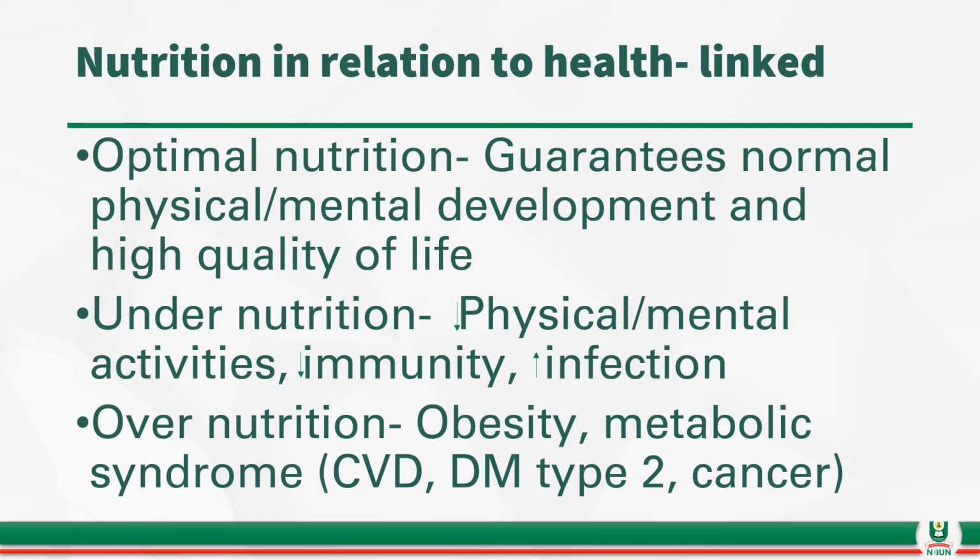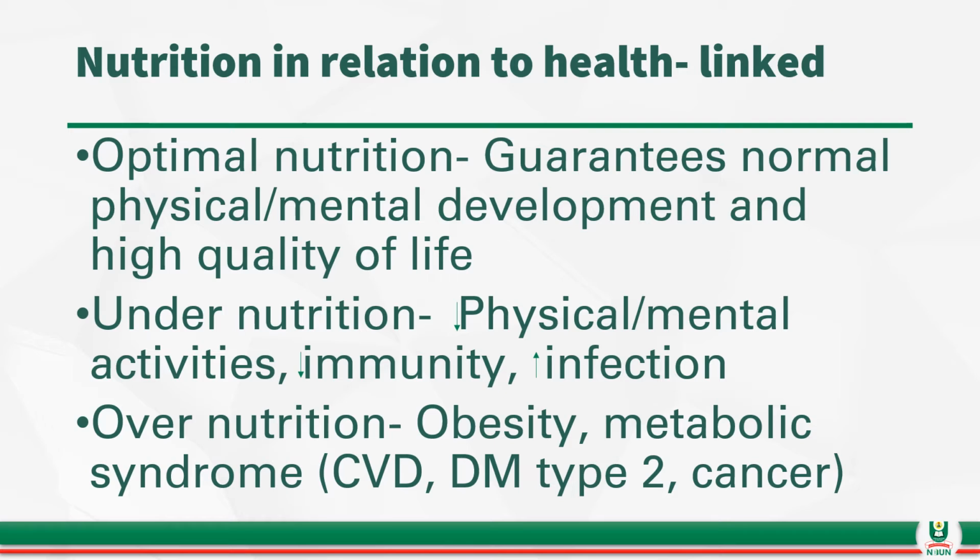But when there is undernutrition, nutrition that is below expectation, there's usually a decrease in the physical and mental activities of children. There is decreased immunity, and there is also a high rate of susceptibility to infections. Now, what of when you overeat?